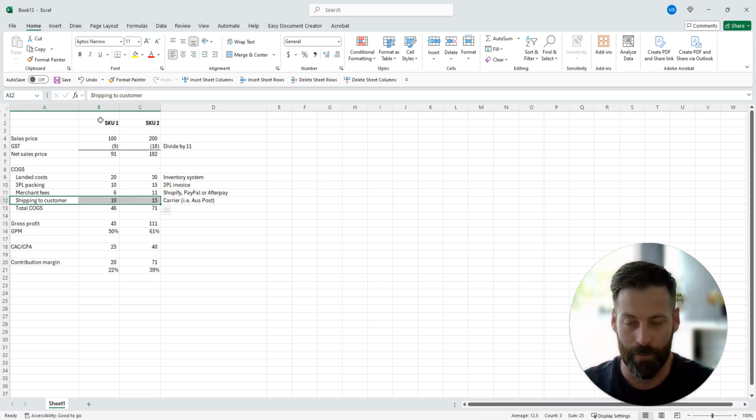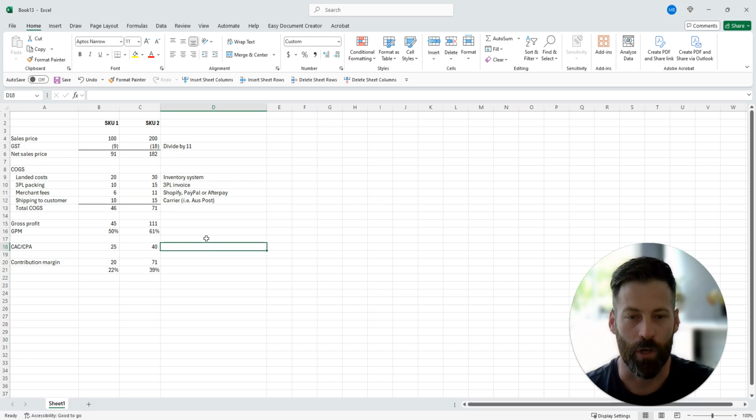If it's a local city or major city, it's obviously going to be different to sending it out into the middle of nowhere. What I would say is you can go and calculate a weighted average shipping cost based on proportionately how much of your stock is sold to cities versus to regional areas, etc., and then come back with a pretty accurate number there.